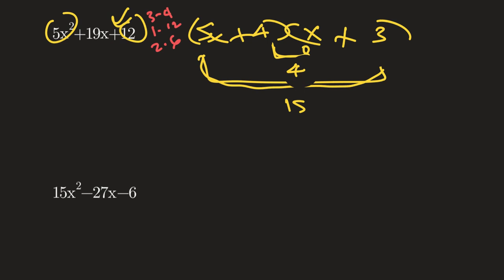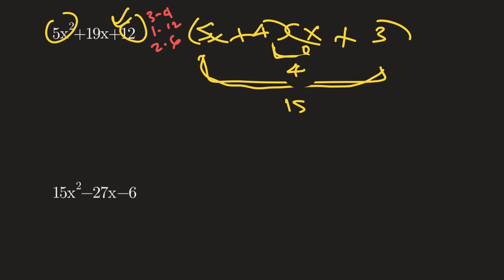It's what's inside the parentheses that is important, not necessarily the order of the parentheses. It's what's inside of them. Okay? We didn't have to mess with the 1 and the 12. We didn't have to mess with the 2 and the 6, which is nice. Okay? All right, next one.